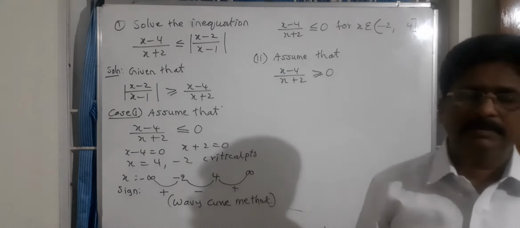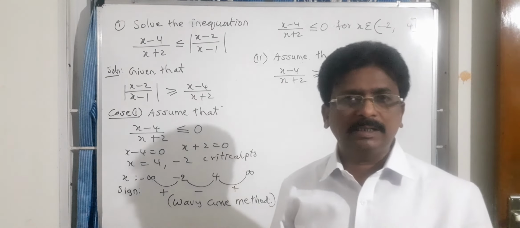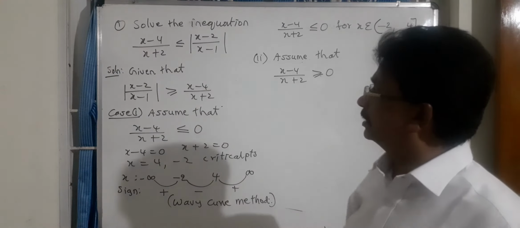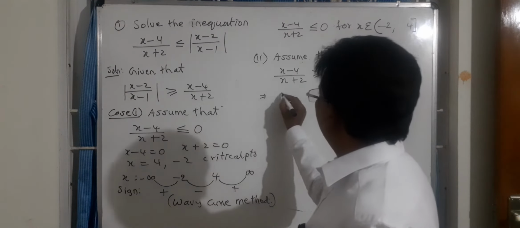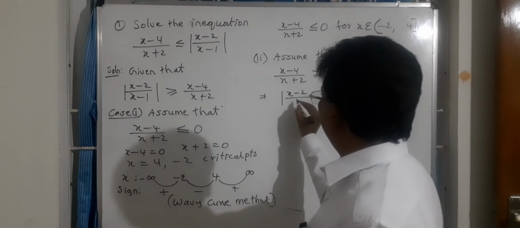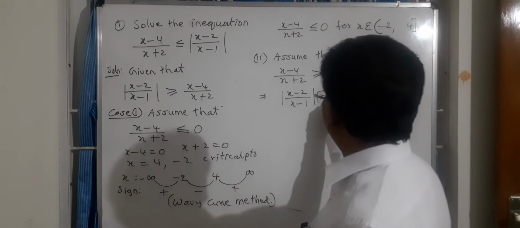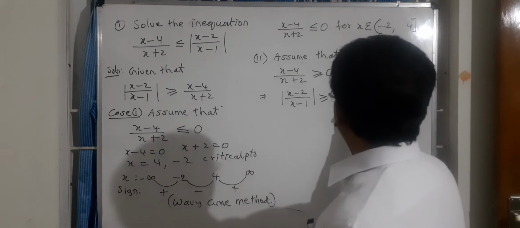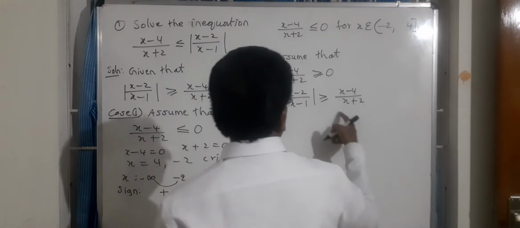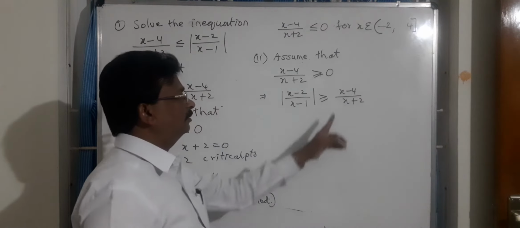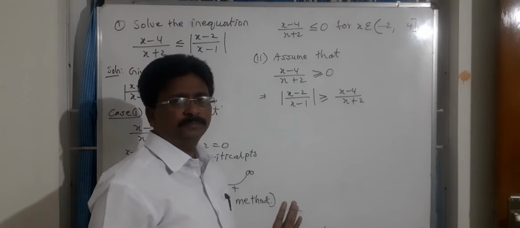Next, let us go to the original inequation. This implies |(x - 2)/(x - 1)| is greater than or equal to (x - 4)/(x + 2). Now this is the positive number. We have to assume this is the positive number.